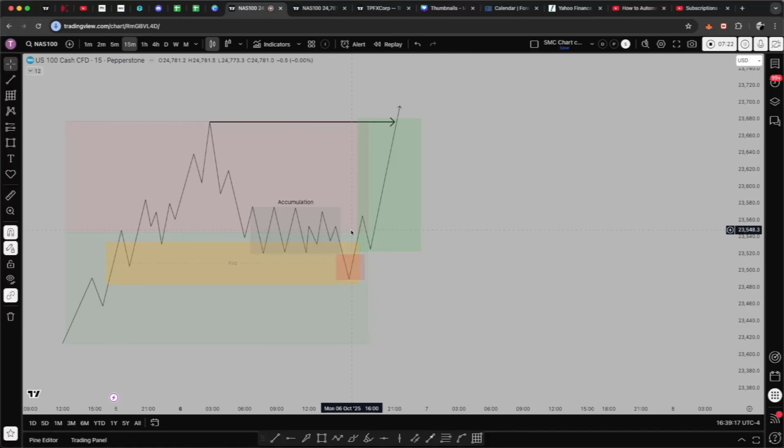Now, should we be entering like that, in every hour or any time during the day? Ideally, no. Especially if you're trading Nasdaq or futures.